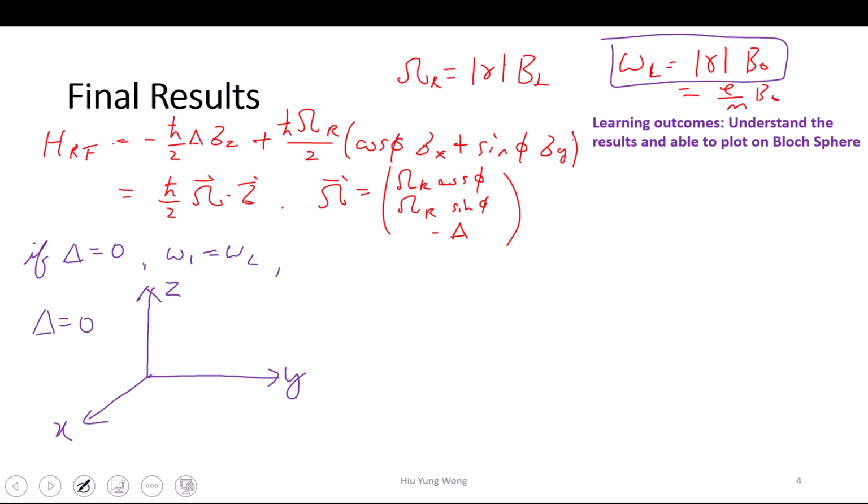Omega equals omega R cosine phi, omega R sine phi, and 0. This is a vector. So where is this vector? The vector must be on the xy plane, so maybe one of them, maybe here. This is omega.